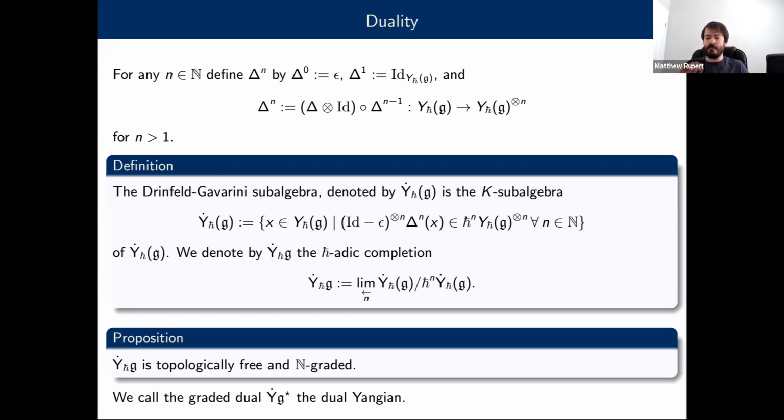So their dual Yangian is not this one, it's a subalgebra of the Yangian double, but this dual Yangian is equivalent as a topological Hopf algebra to a minor coalgebra twist of the dual Yangian as a subalgebra of the Yangian double, right? So the point is, we want to be able to compare the quantum vertex algebras that we construct to existing quantum vertex algebras in the literature. Okay?